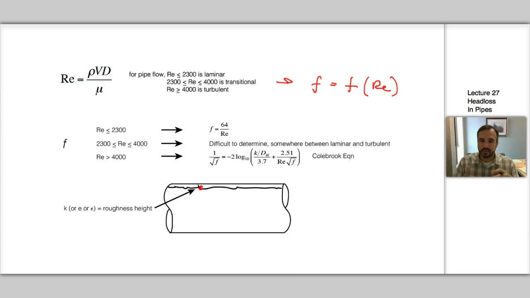So if there's a lot of fouling, a lot of stuff growing, or it's rusting a lot, k will be very high, and the type of material: stainless steel, PVC, regular steel, cast iron, whatever the type of material is going to have a huge effect on this. And you can look that up in your book, or it's tabulated on the internet, and we can get some estimate of what that roughness height is for different materials. Okay?